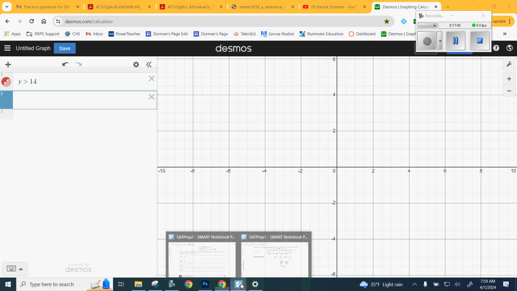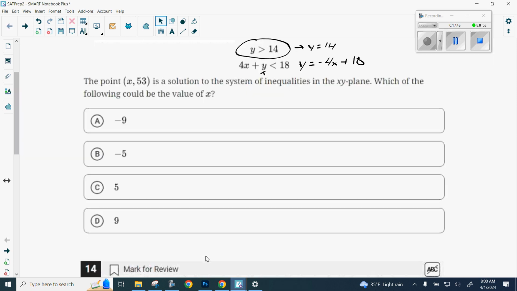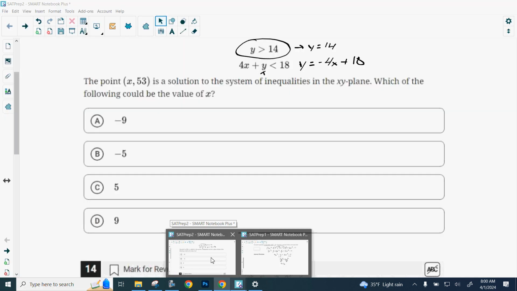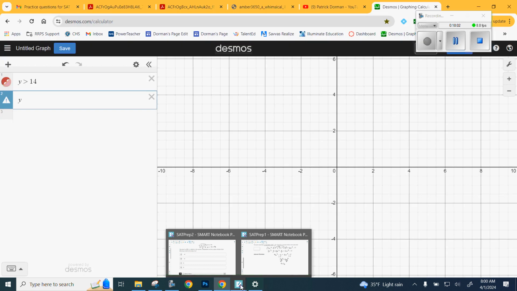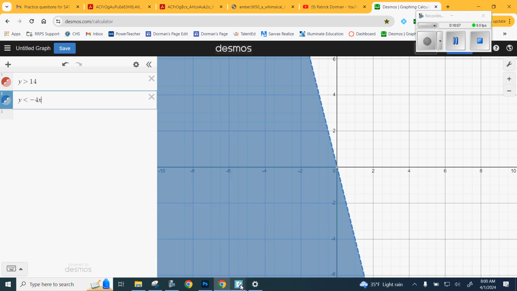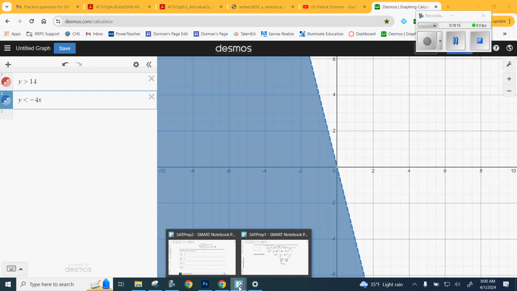And then the next one was negative 4x plus 18. y is what? Golly gee. Less than plus 18? Golly, come on, bro. Yes.